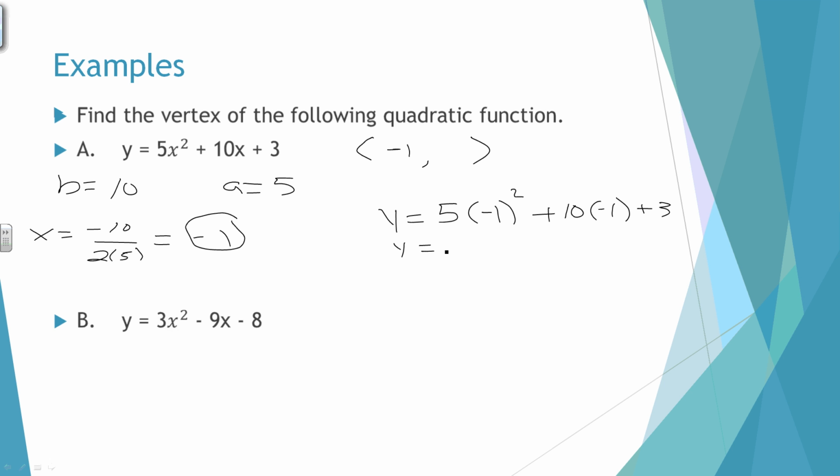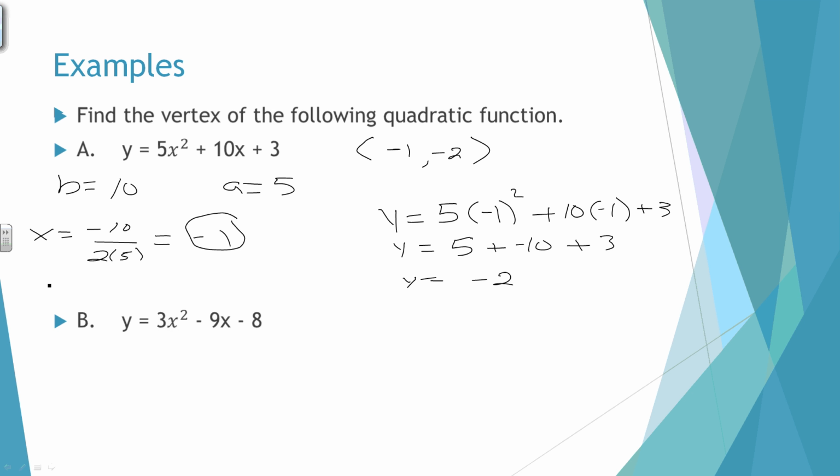Negative 1 squared is a positive 1, negative 1 times negative 1. So that's 5, plus 10 times a negative 1 is a negative 10, plus 3. Combining like terms, 5 plus negative 10 is a negative 5, and a negative 5 plus 3 is a negative 2. So y equals negative 2. That means my y coordinate is negative 2, meaning the whole vertex is negative 1, negative 2. And we're finished there.